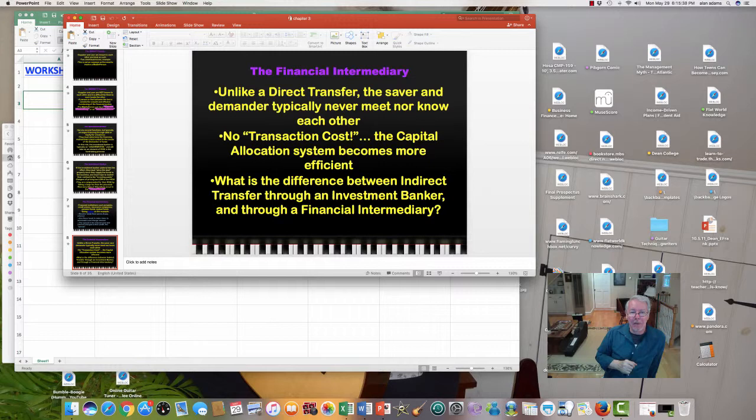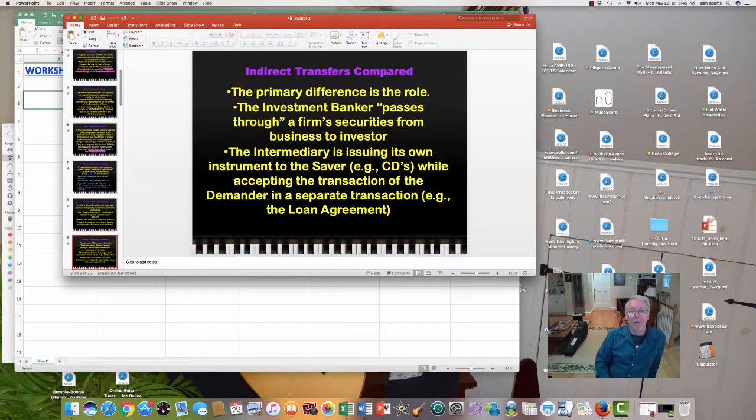All right. What's the difference between those two indirect transfers, an investment banker and a financial intermediary? It's the role that they play. The investment banker is a conduit, as I often call them. They're going to pass through my securities, my stock, Allen's company stock, to you, the investor. On the other hand, the financial intermediary is issuing its own paperwork to both of us. We never will know who each other are.